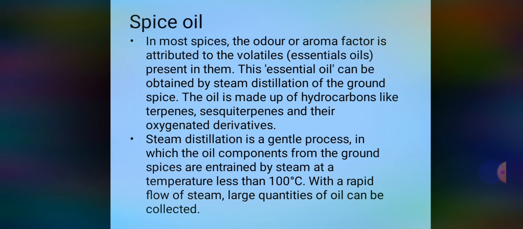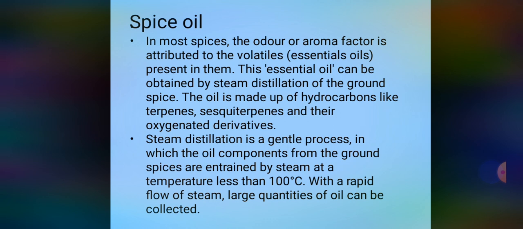So what are the essential oils or volatile oils present in the spices? They are extracted through water distillation or steam distillation, and the product is called spice oil. The aroma of spices is attributed to the essential oil content.